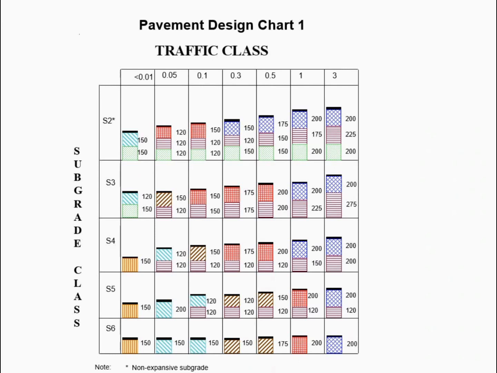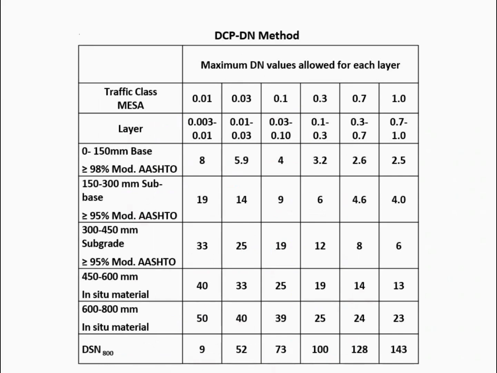The next slide shows exactly what that manual looks like. Again, the traffic is along the top, ranging from 0.01 million standard axles up to 1 million. The layers are down the side. The subgrade is essentially the bottom layer. And these numbers are the number of millimeters per blow of the DCP that material has to withstand. So those are maximum values.